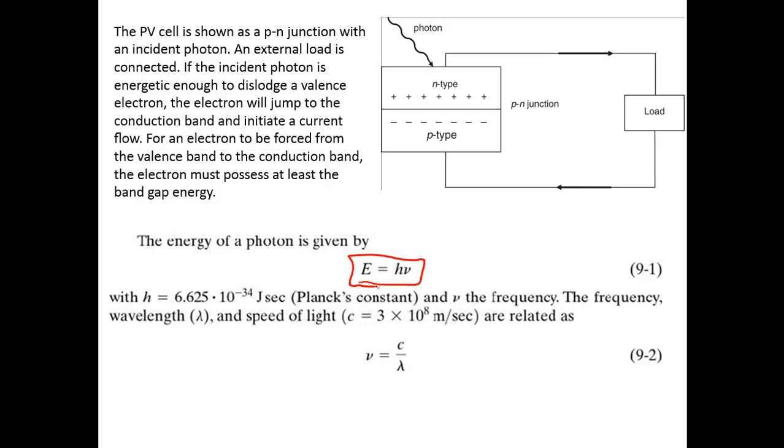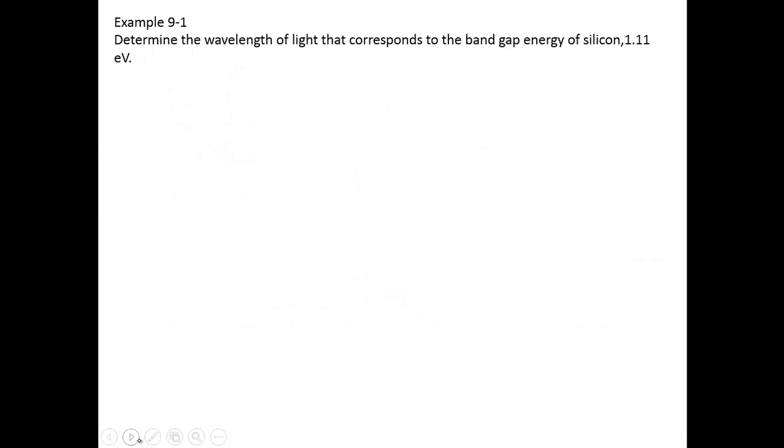and nu is determined as the speed of light divided by the wavelength. So let's say, for example, I want you to determine the wavelength of light that corresponds to the band gap energy of silicon, 1.11 electron volts.